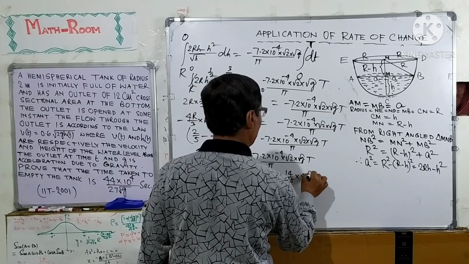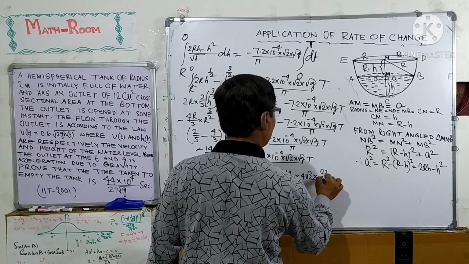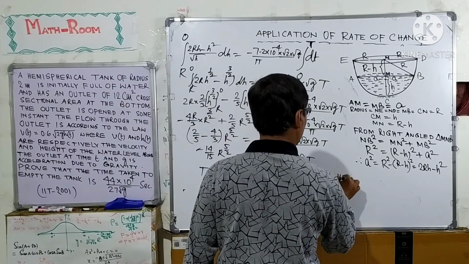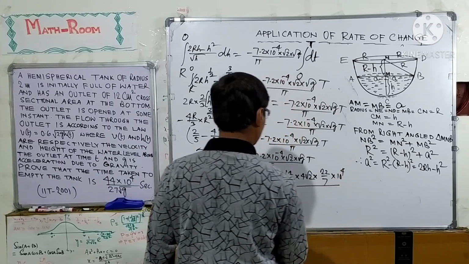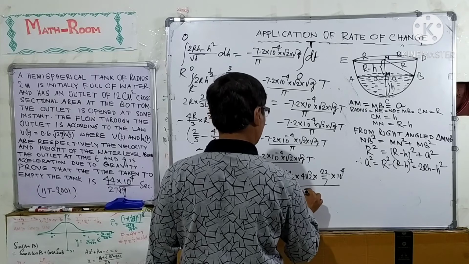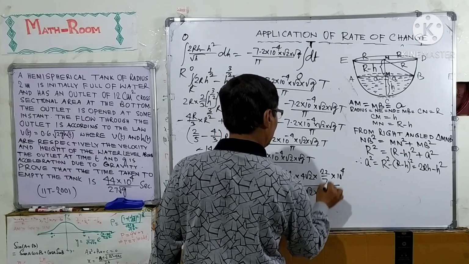4 root 2 into 22 over 7, the value of pi, into 10 to the power 4 over 7.2 into root 2 into root g.